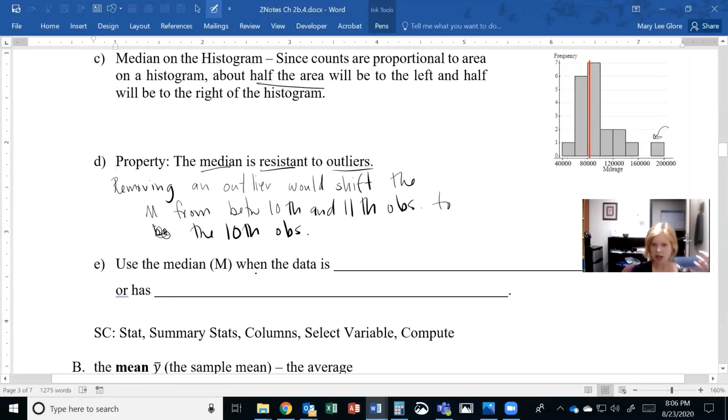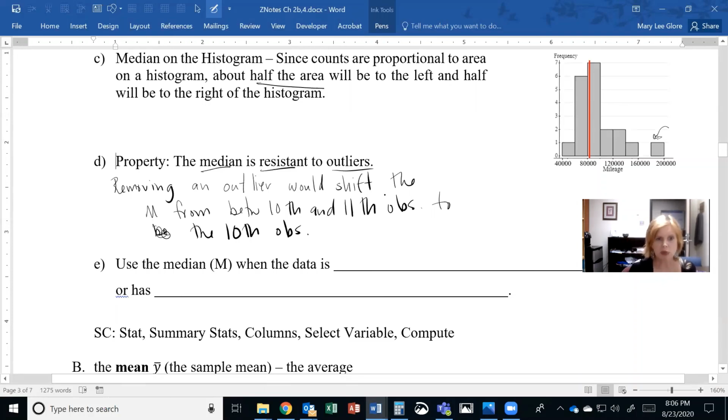So removing any value is just going to shift the median by half a value. And I have lots of data points that are in this area, so the median is not going to change much. That's great, because it means from sample to sample, the median is going to be consistent. Even if I had a really big outlier, it's not going to affect the median that much. So that's a really good thing.